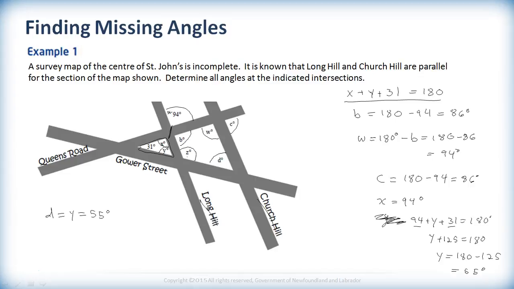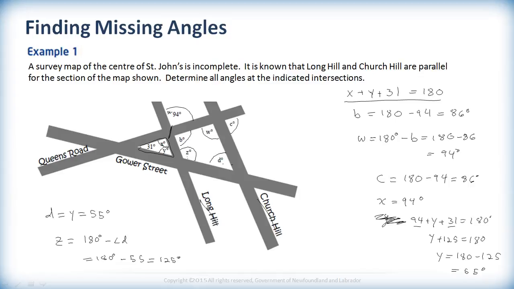D and Z are same side interior, so they're going to be supplementary. So angle Z is going to be 180 degrees minus angle D. So that's 180 degrees minus, what did we say D was? 55. So that makes that 125 degrees. And that's all of them.